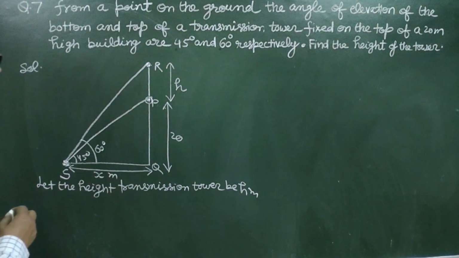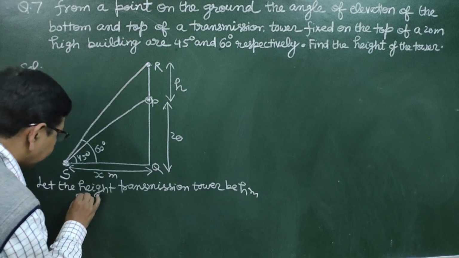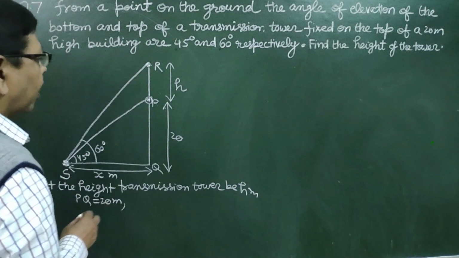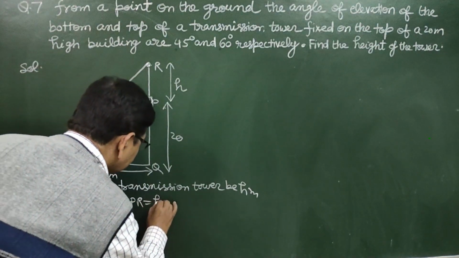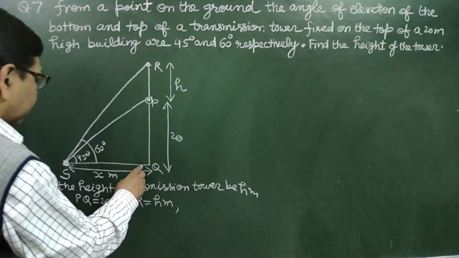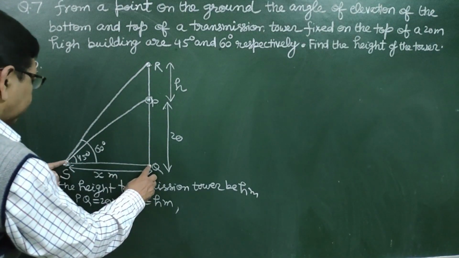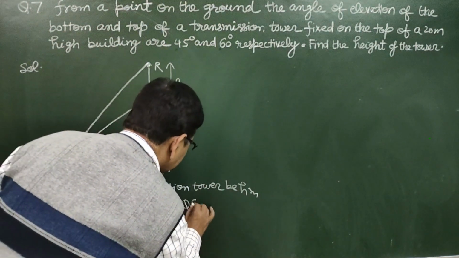So here PQ is equal to 20 meter, PR is equal to H, and the distance of the point from this building, QS, is equal to X meter.